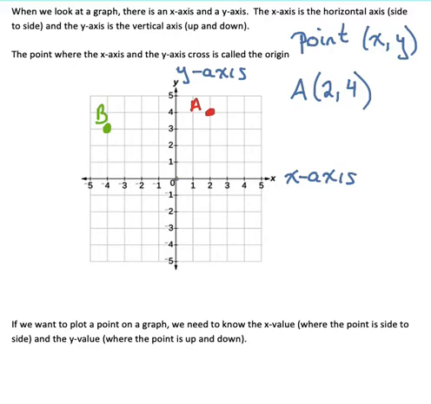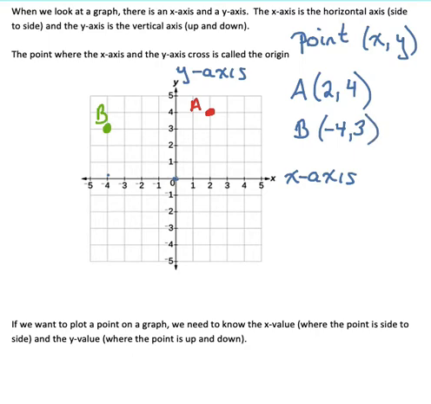The first name for B is how many we have to go left or right, sideways. So from the origin, we have to go 1, 2, 3, 4. And see when I moved left, these numbers became -1, -2, -3, -4. So when we move left, our x is negative, so -4. And then we have to go up 3. So y is still positive.